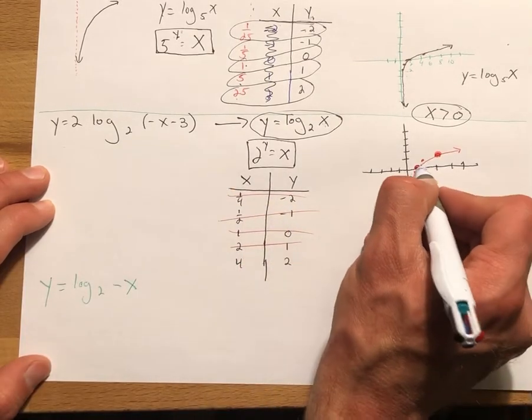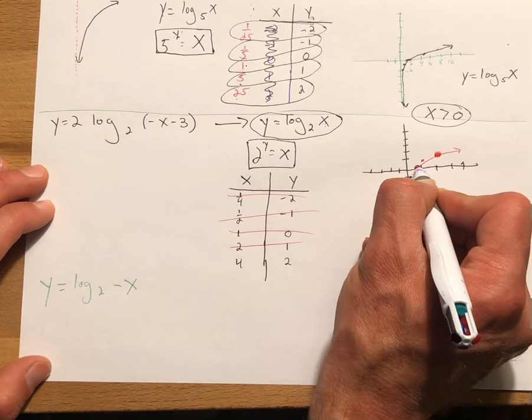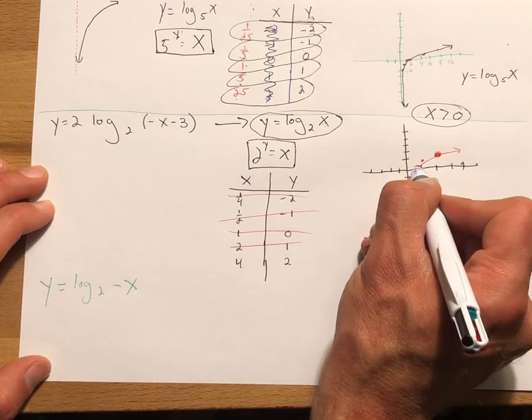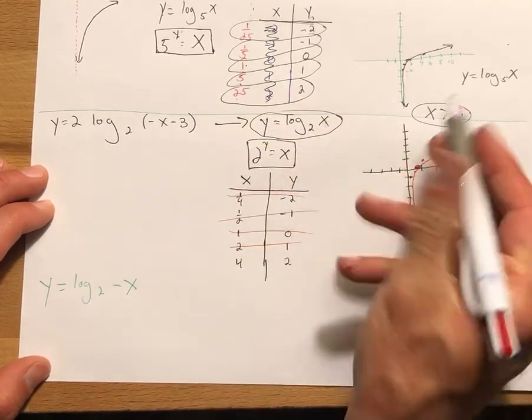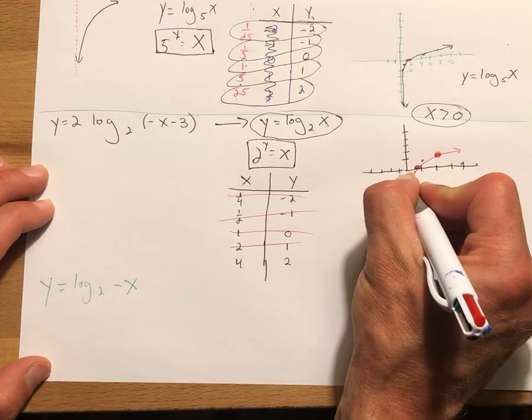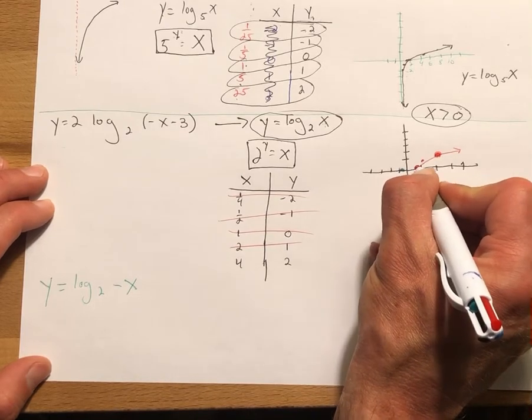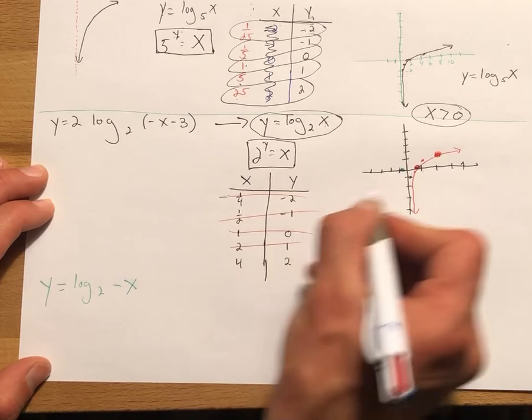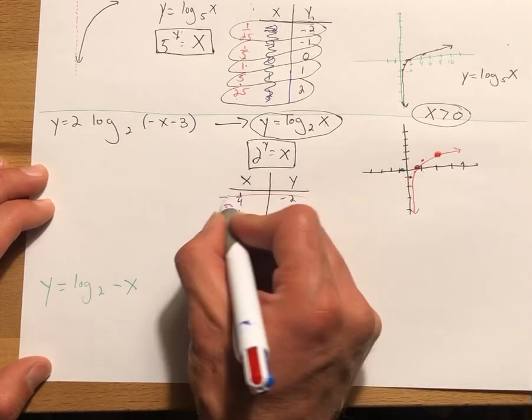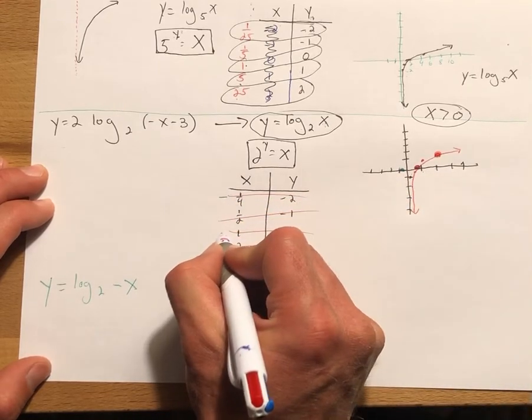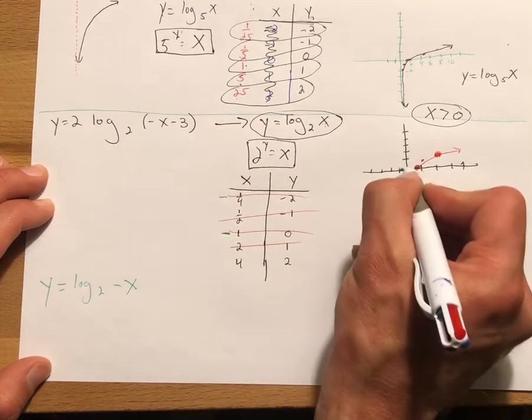So this point right here is a negative 1, 0.